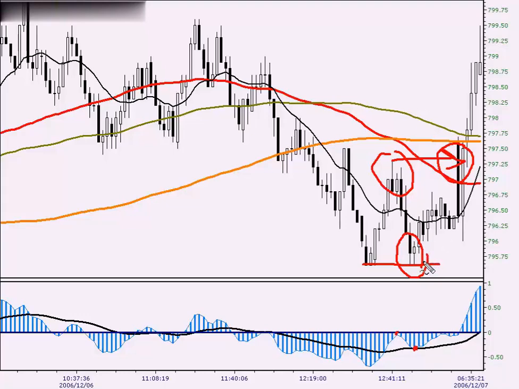Look how much earlier we got in than everybody else, about 2 points. That's pretty good. This is the Russell, so that's 20 ticks that we're in, and everyone else is just getting in now. We've already got 20 ticks in the trade.